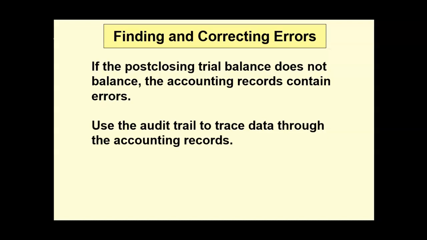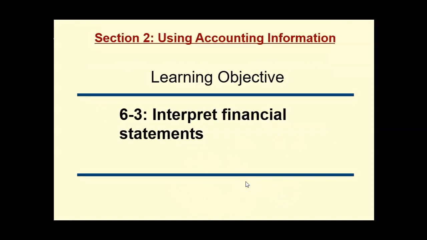Check your debit transactions and your credit transactions, and make sure the amounts are on the correct side. Also make sure the amount was not transposed, meaning that the amount should have been $450, but we recorded it as $540. So go through those steps to make sure that everything is done correctly.